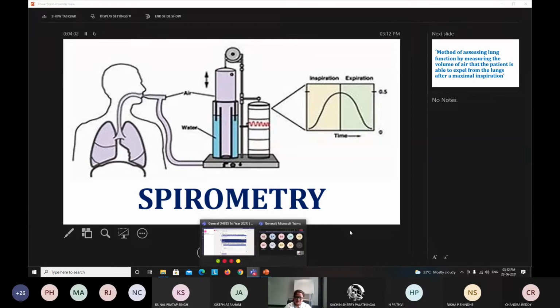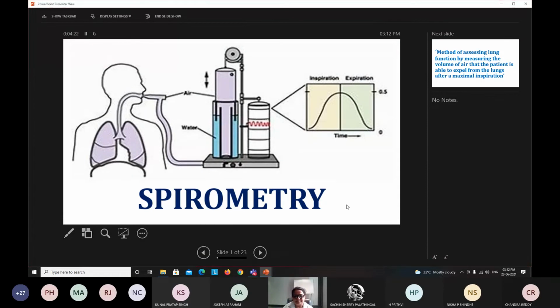Just to repeat: principle, aim, materials or apparatus, procedure, observation, calculation, then report. In this way we carry out the experiment and also represent the answers.